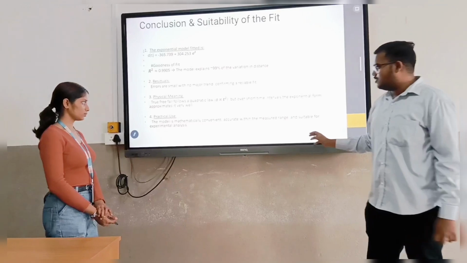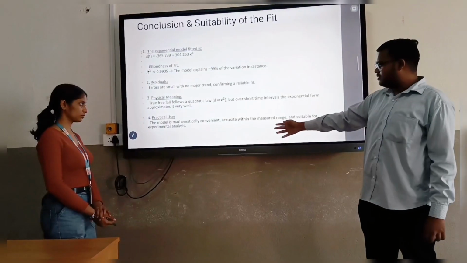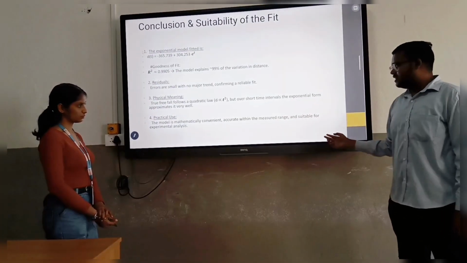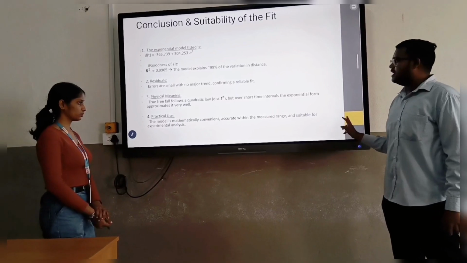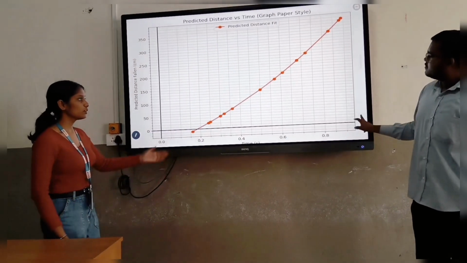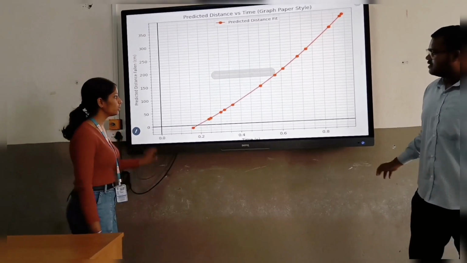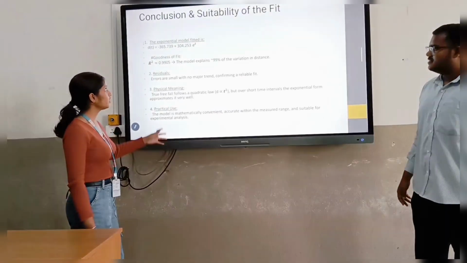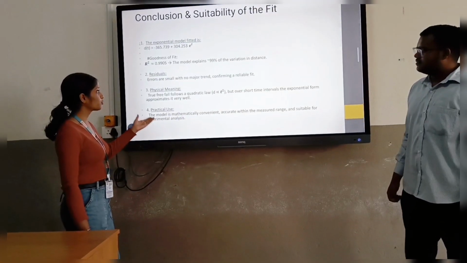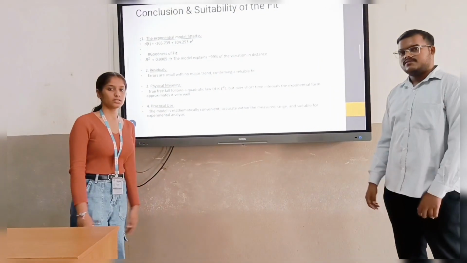The model is mathematically very convenient, accurate within the measured range, and suitable for experimental analysis. So this is our resultant graph as we discussed earlier, and this is all about our experiment with the expected conclusions. And thank you.